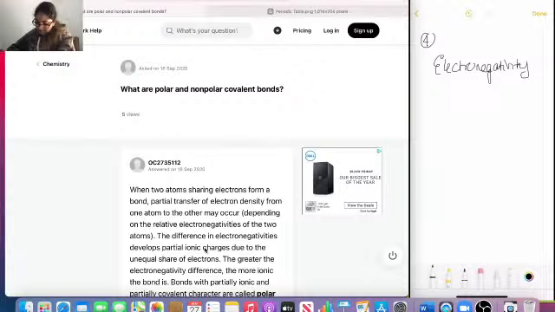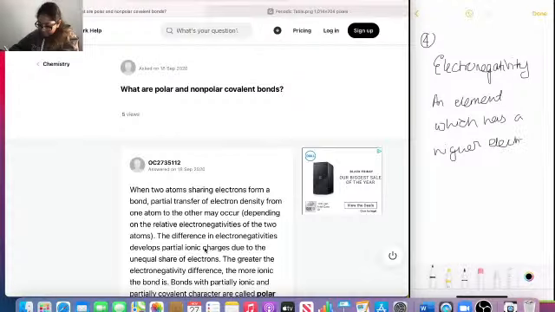So basically, if an element has a higher electronegativity, that means it tends to pull the electrons towards itself.